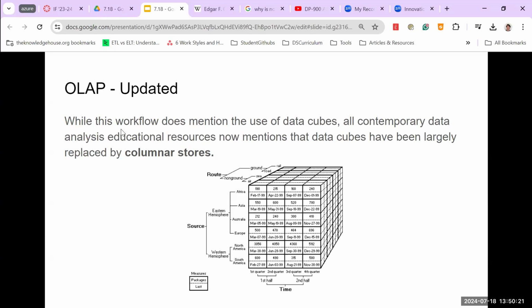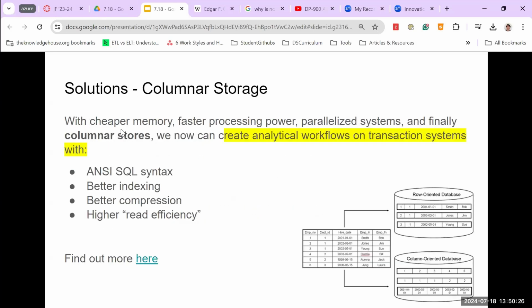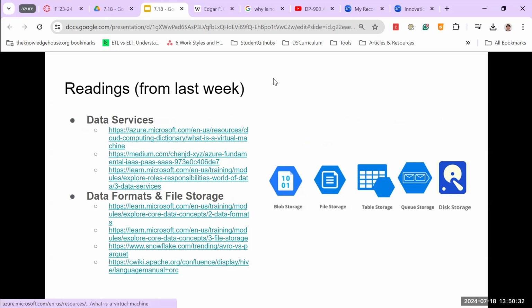I'm going to skip through this because it gets into some territory that I don't think we should necessarily talk about, and we're just going to skip to readings. So here are the readings from the previous week.